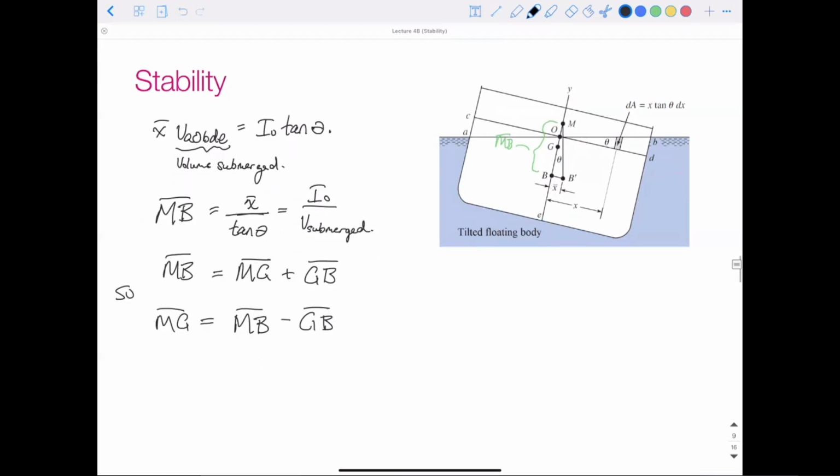And we know MB is equal to I0 over the submerged volume, so we can write this again as I0 divided by volume submerged minus the distance GB.